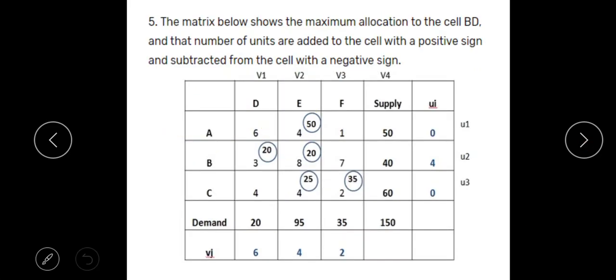The below table shows the maximum allocation to cell BD, and the number of units are added to the cell with a positive sign and subtracted from the cell with a negative sign. I have explained that already. So after this step, again we have to calculate the net cost change as we calculated earlier using the formula Cij minus Ui plus Vj.